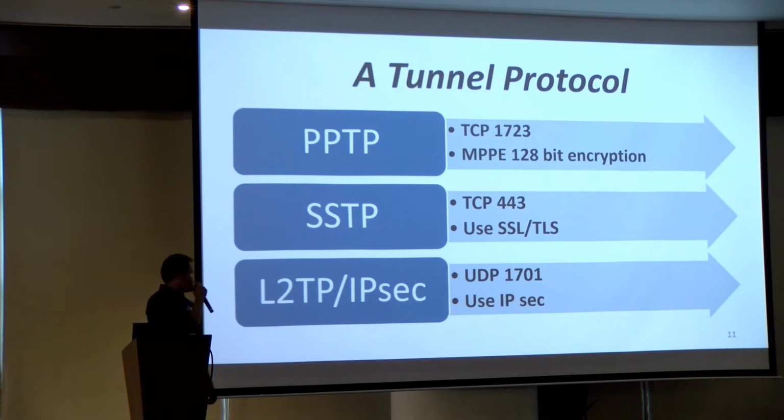And then L2TP/IPsec uses UDP 1701 together with IPsec. It is a secure way and the most suitable, because it is generally faster than SSTP.